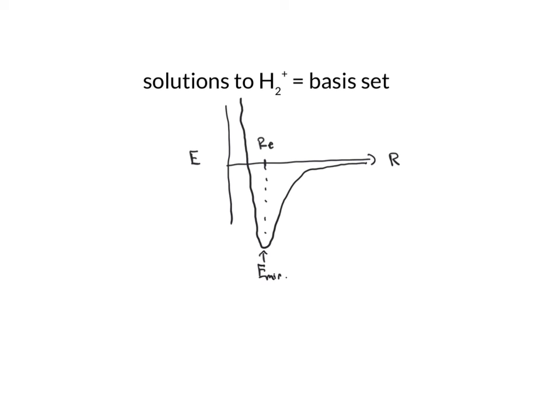So the wave functions at this energy minimum are going to be the wave functions that we use for our basis set. And then we're going to use those to form trial wave functions for the hydrogen molecule, which contains 2 electrons, maybe the helium molecule, which would contain 4 electrons, etc., etc.